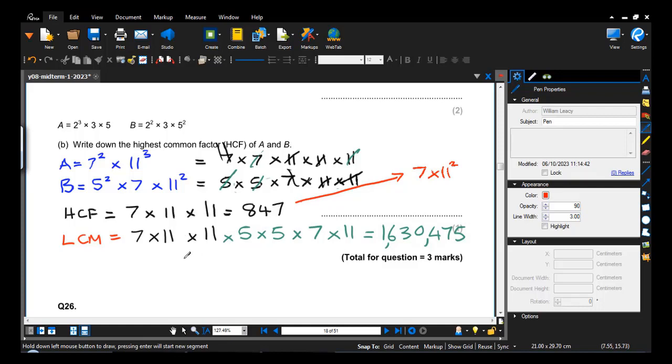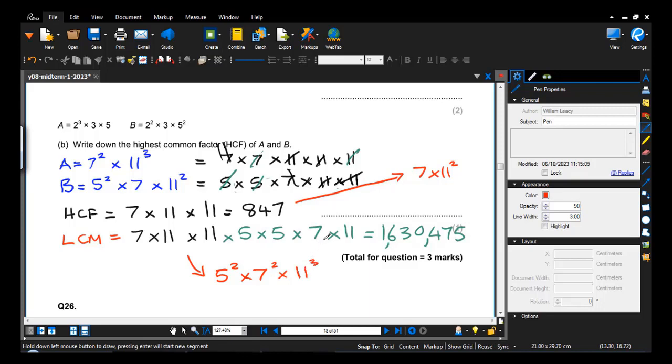And for the bottom line, in index form, well, what's the smallest? 5. So you're going to have 5 squared, because we have 5 times 5. That's them 2 gone. Then we have 7 times 7, so that's times 7 squared, times 11, 1, 2, 3, 11 cubed.